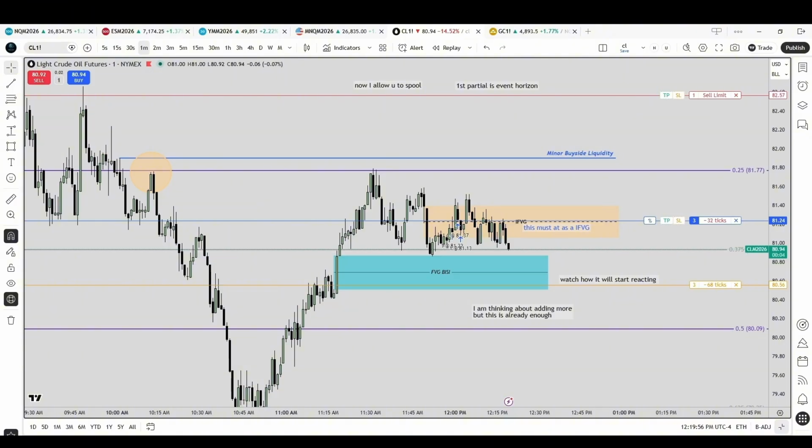So I am still demanding the not reverse. I still demand that this is an inversion fair value gap. So notice how the bodies are closing just above the octant over here.